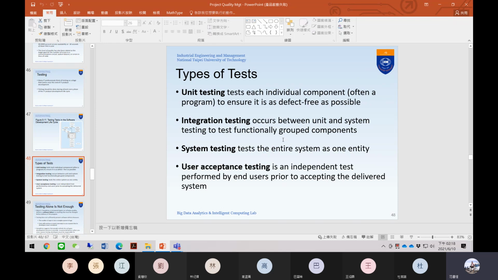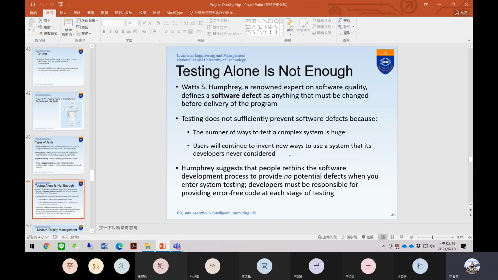Then system testing tests the entire system as one entity. The last one, user acceptance testing, is an independent test performed by the end user prior to accepting the delivered system. Testing alone is sometimes not enough.